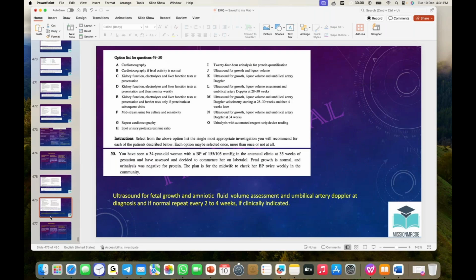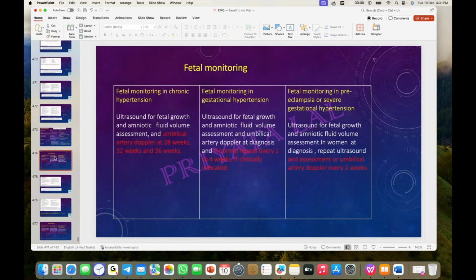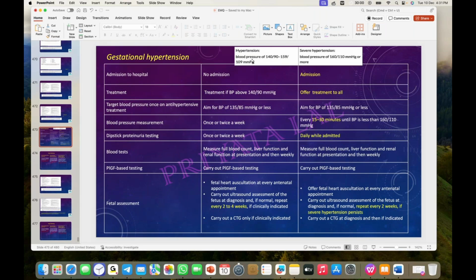C or M. Basically, every 2 to 4 weeks. According to this, the blood pressure is 155 and 105.